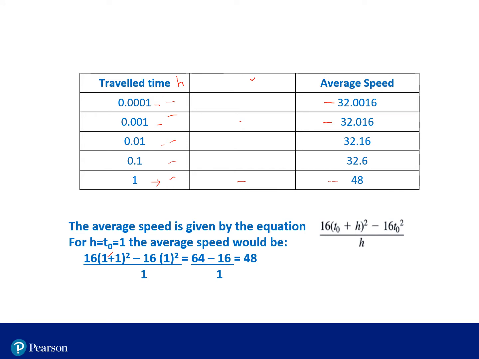This is what we have: 16 multiplied by (1 plus 1) squared, minus 16 multiplied by 1 squared, because this is the second part. This is equal to 64 minus 16, divided by 1, and that's equal to 48. So when the ball travels for 1 time unit, its speed will be 48.